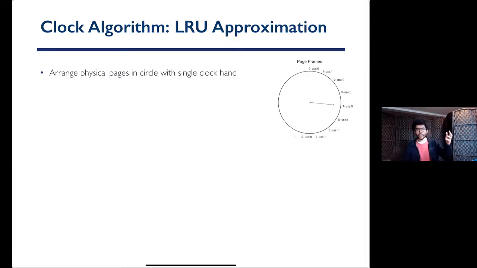Each page table entry has an access bit, which is set by hardware. Every time hardware accesses a page, it sets that access bit to 1, indicating that this page has been accessed. One thing you have to remember is it does this once, when it looks up the address translation in the page table.